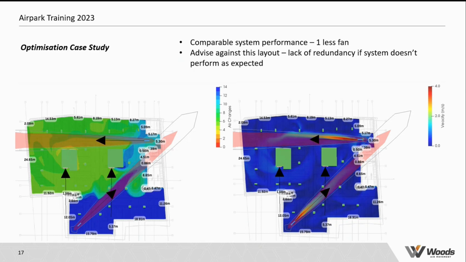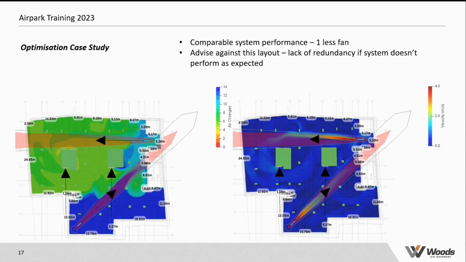It is still accurate, and it does give a good representation of what the air is doing within the car park. However, it has been favoured speed so that it can be used in the design stage and give a good turnaround time of the results, so it can be used as an effective tool.